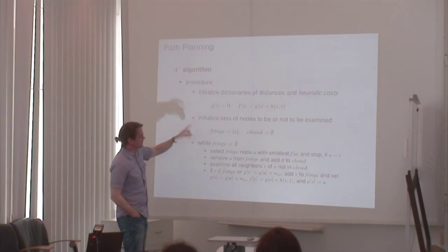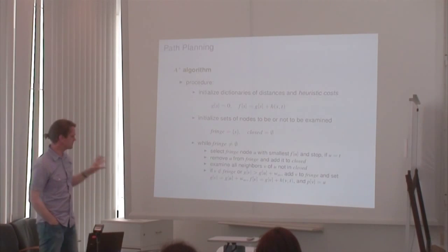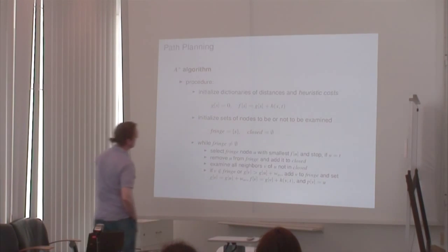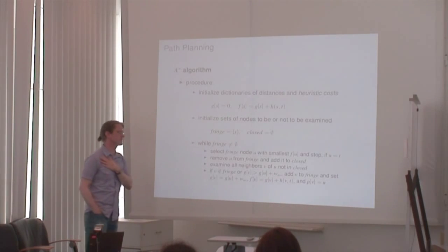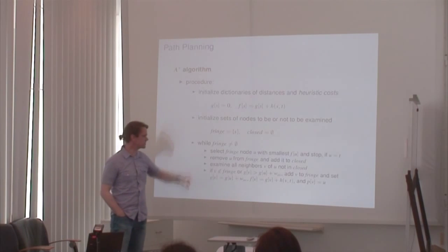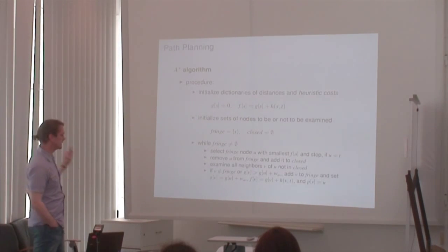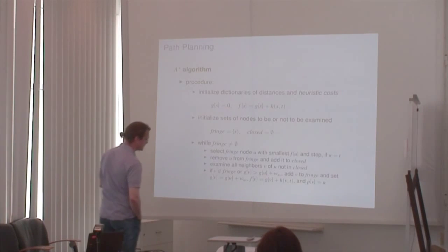In this algorithm, we initialize the fringe to be the set containing just the source node, and as always, initialize the closed set to the empty set. And then again, while the fringe is not empty, we select a node from the fringe, again in an informed manner.